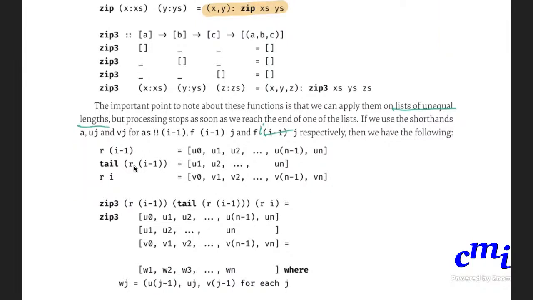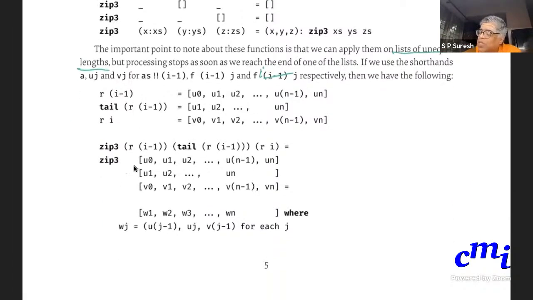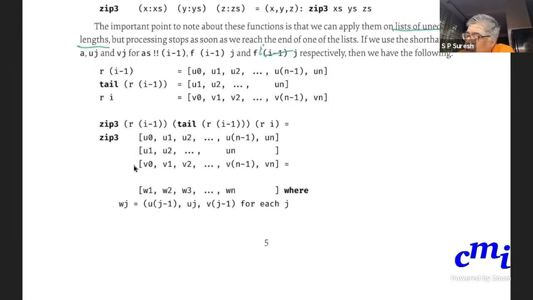I have also lined up these lists. Having lined them up in this manner, I'm doing a zip3 on them: u0 till un, u1 till un, lined up like this. It is like shifting it to the left a little. And v0, v1 up to vn.